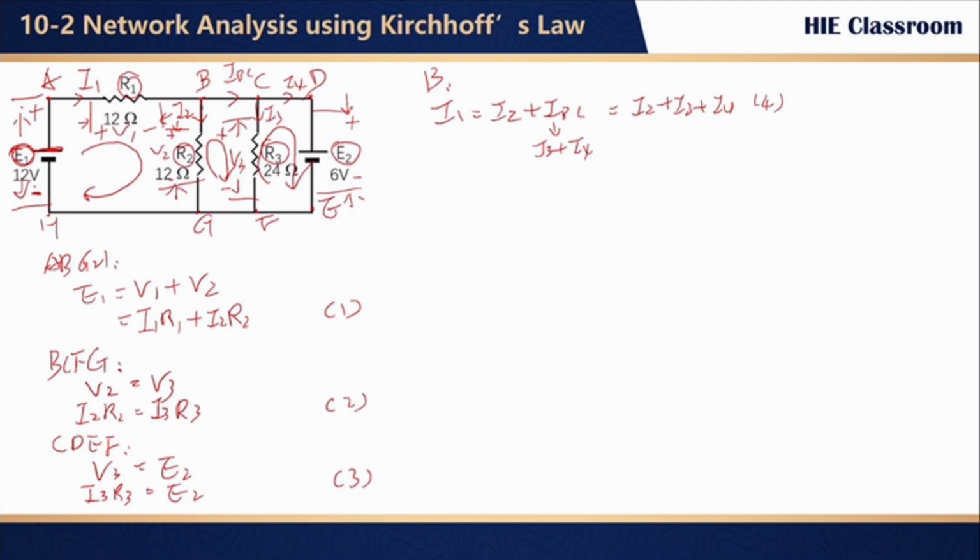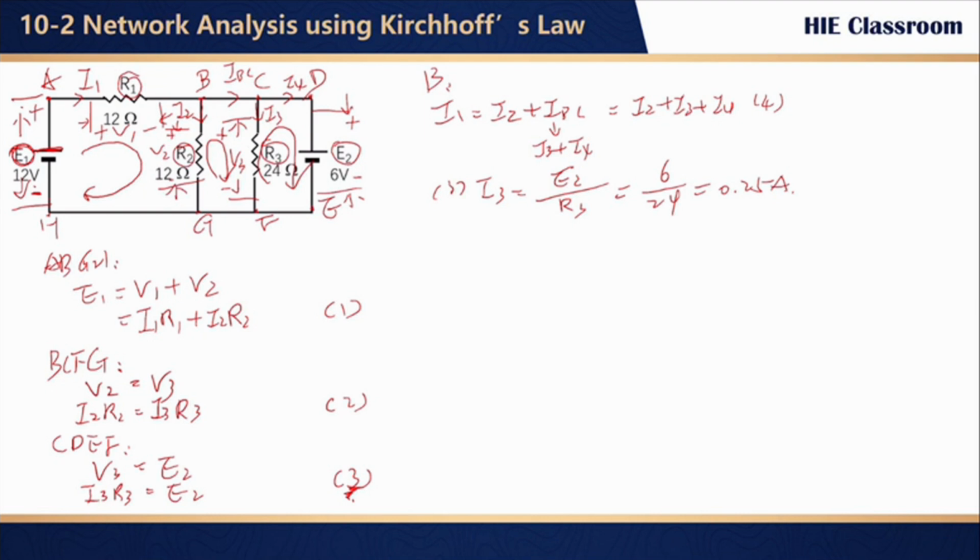Since we've got some values, let's start with equation 3 here: I3 times R3 equals E2. From it, we can find I3 equals E2 over R3, which is 6 over 24, and it's 0.25 amp.